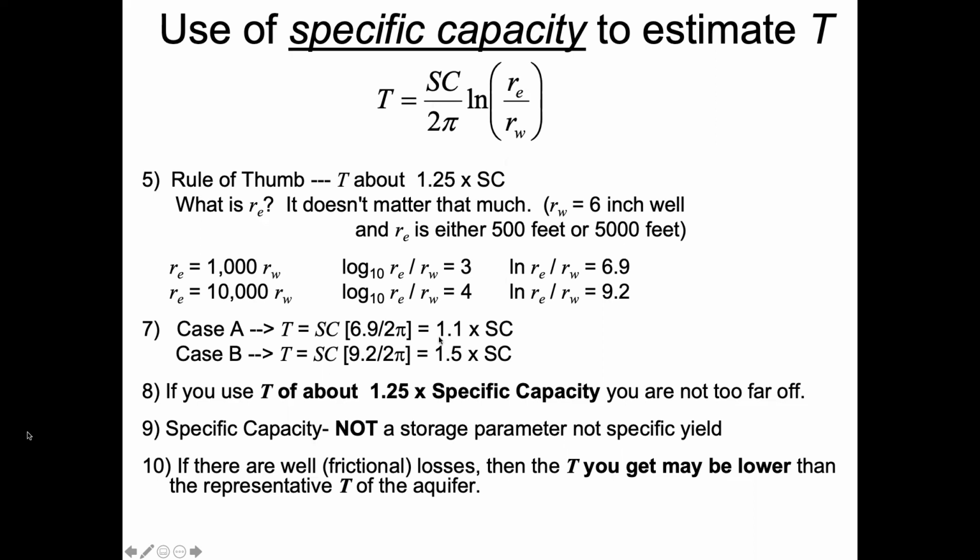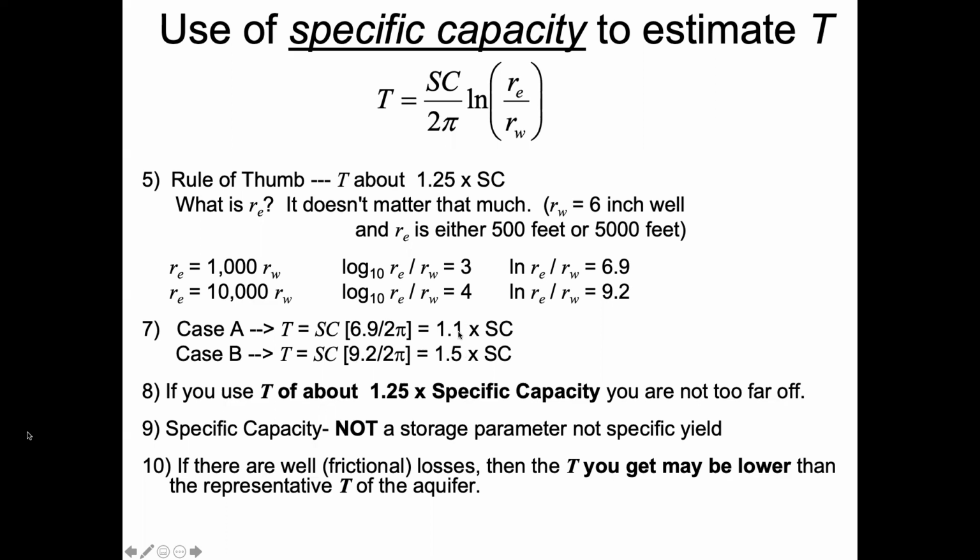And then when we plug those in, and we divide by 2 pi in terms of this value, right? So taking this value here, dividing it by 2 pi, what we find out is that transmissivity under this condition is 1.1 times your specific capacity, or 1.5 times your specific capacity.